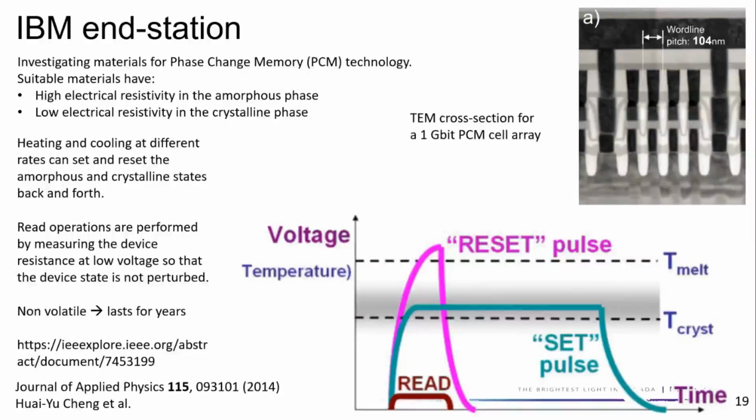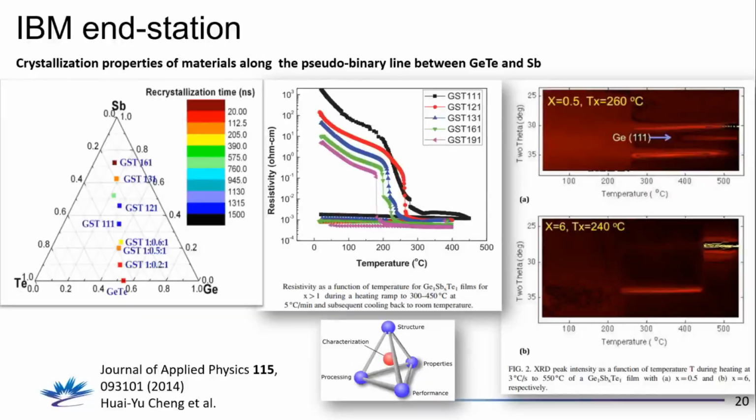And they are going to research this germanium telluride with different concentrations of niobium. Is this niobium? I hope so. Sb. Antimony. Yeah, niobium is Nb, sorry. Antimony. So they're going to check how different concentrations of antimony, interesting, are going to affect the crystallization speed of the germanium telluride.